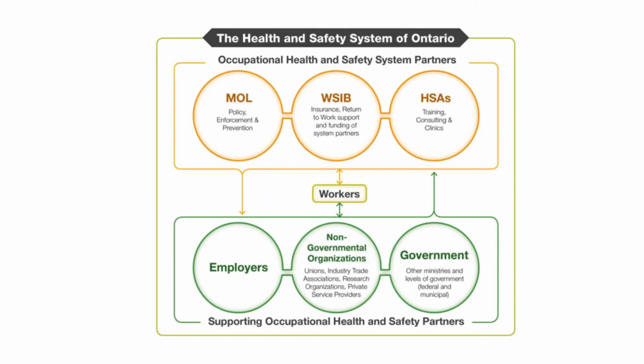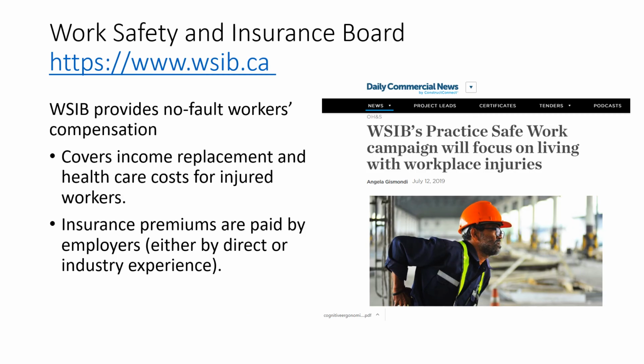I would like to introduce you to some organizations in Canada that are very helpful in the field of ergonomics. You can find the rules, the regulations, and also many scientific and epidemiological information on their websites. For example, WSIB, or Workplace Safety and Insurance Board, provides insurance and compensation for the workers, and you can look at their website.